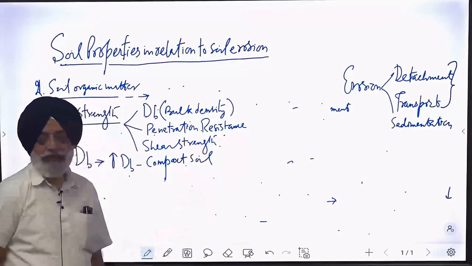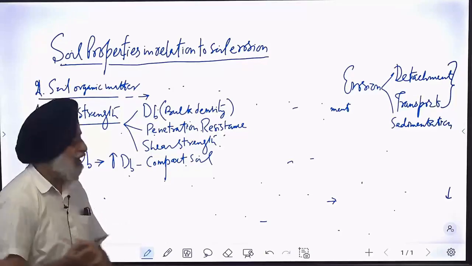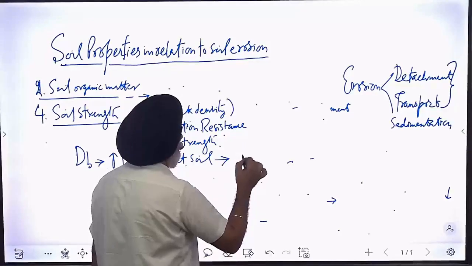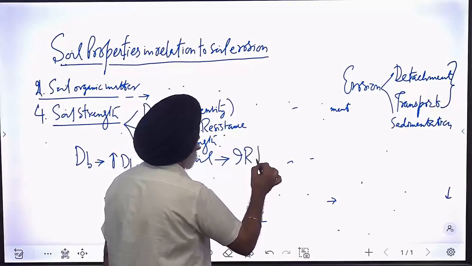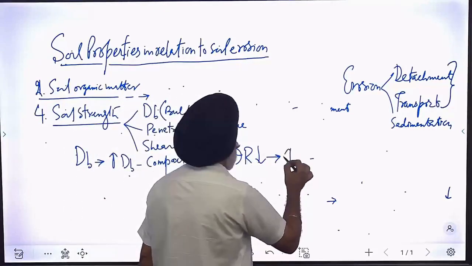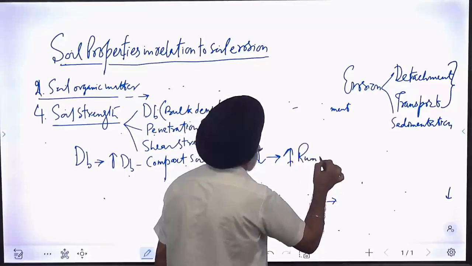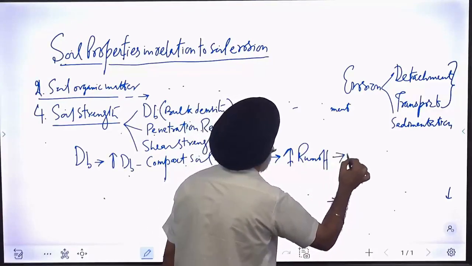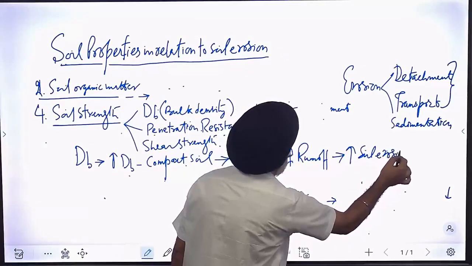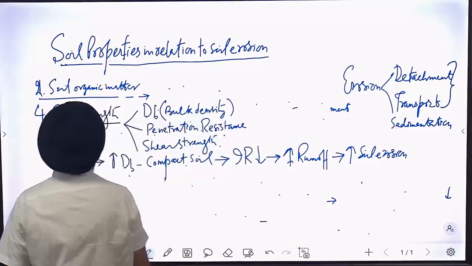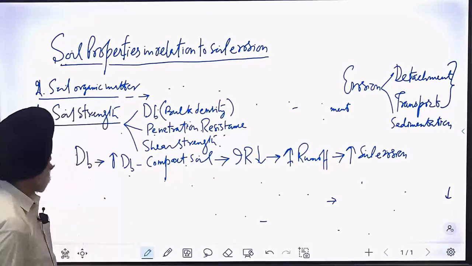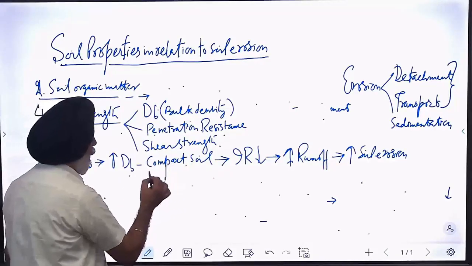If the soil is compact, we can say that infiltration rate could be less, and lesser infiltration rate means higher runoff, and higher runoff means more soil erosion. So, this is how the bulk density affects, because it is compact.